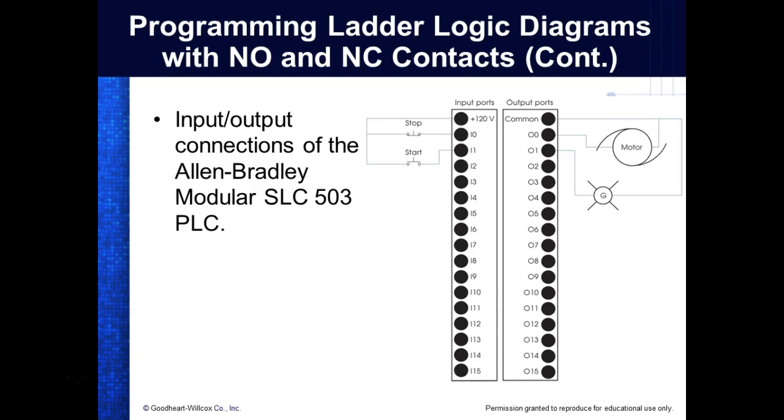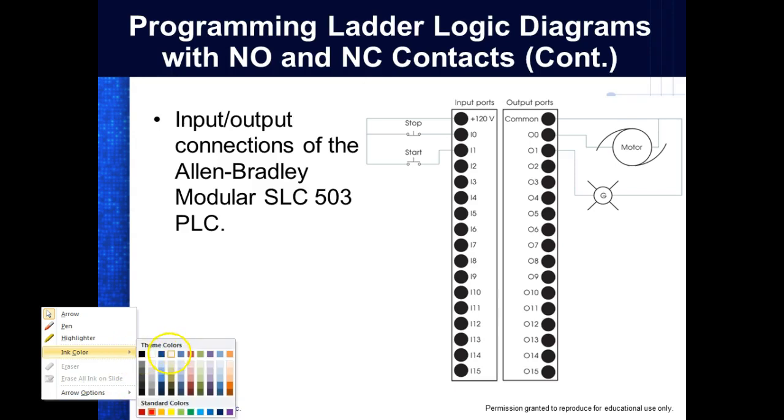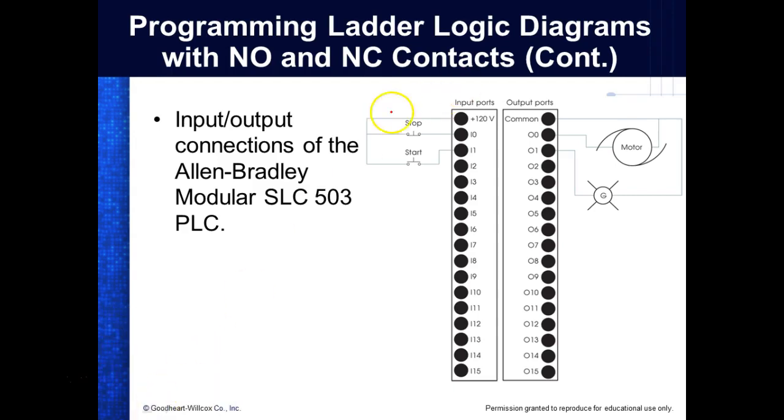So what we do is we start off with a common, which they don't really show here. So it should be in there like this. So this is 120 volts DC. So it should be in there like that.